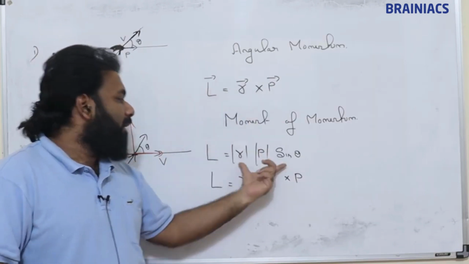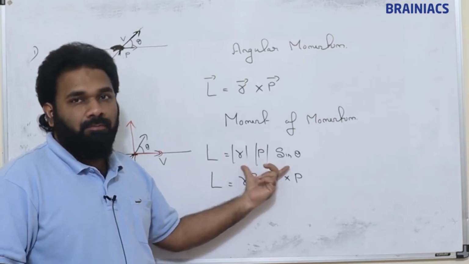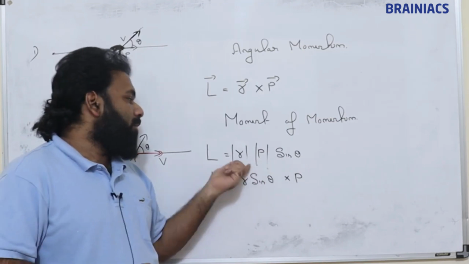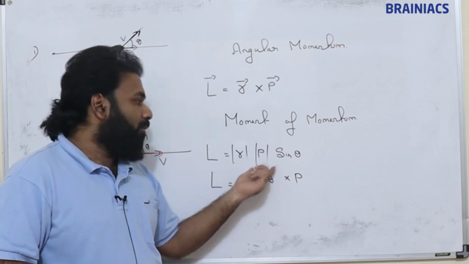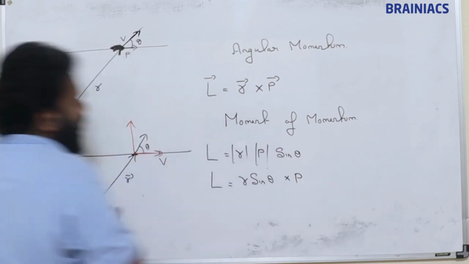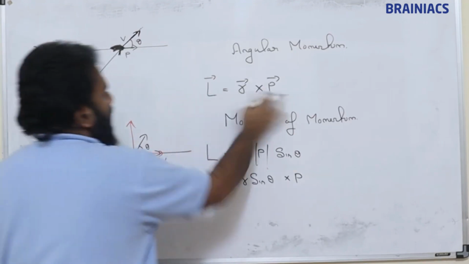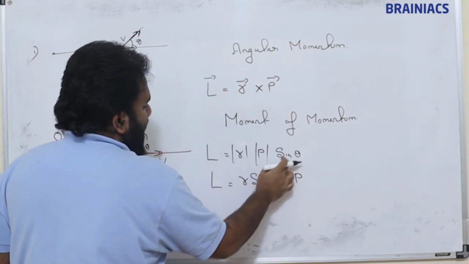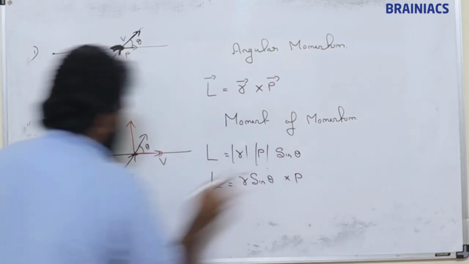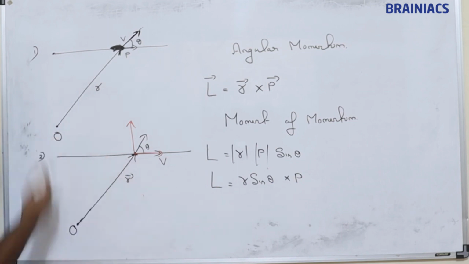Once we have taken r p sine theta, this is just a magnitude: the magnitude of r into magnitude of p into sine theta. So we can change the order there, no problem, but the cross product includes the direction also, so we cannot change the order. If I take r sine theta here, this is actually this distance, its perpendicular component.